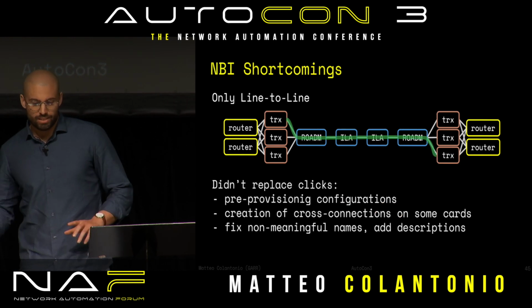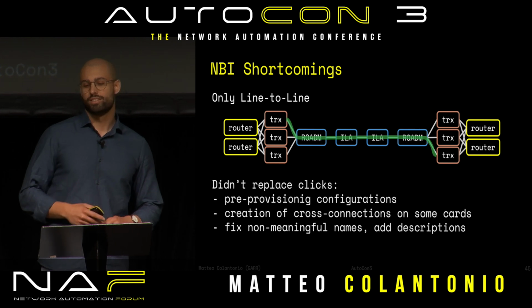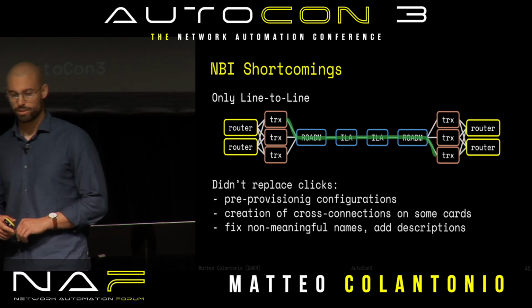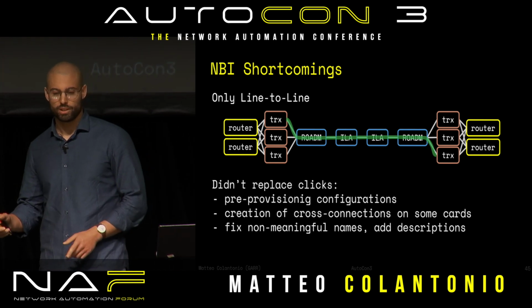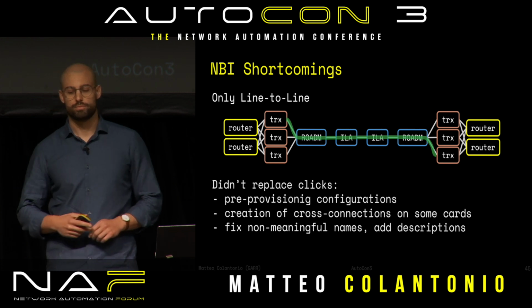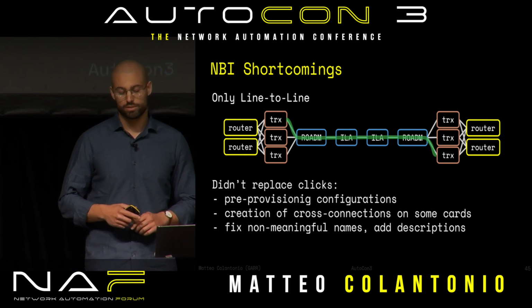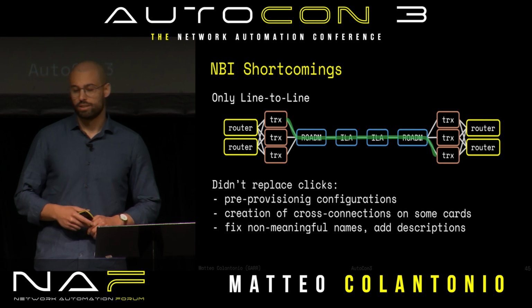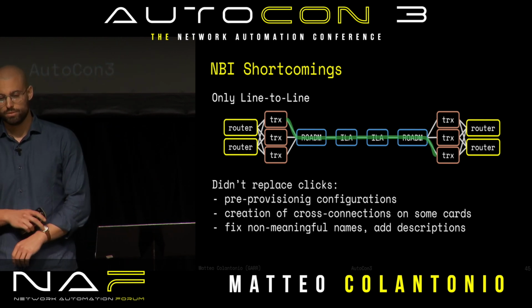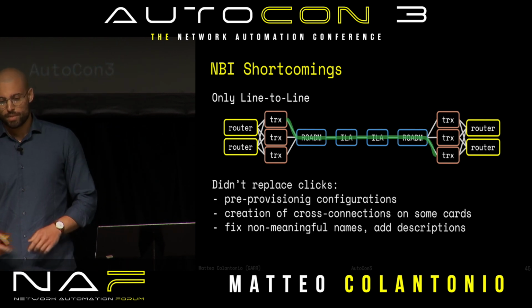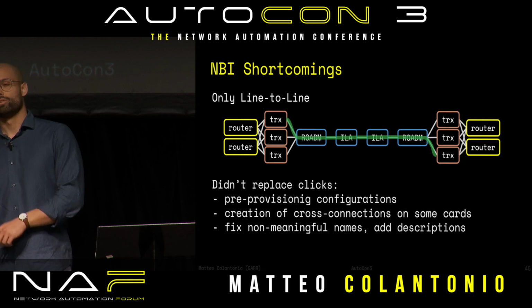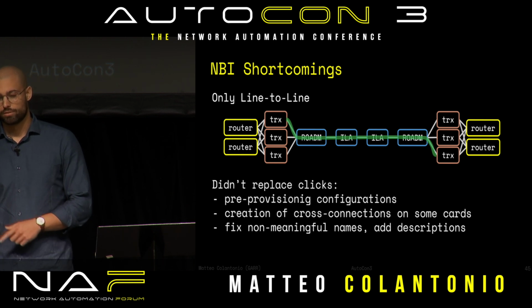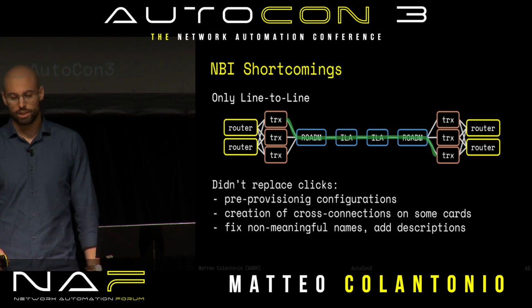So it kind of worked in one case. You cannot do the full provisioning, only line to line from remote transponders, but it didn't replace all the clicks we had to do. So we still had to perform some manual configuration before the provisioning.